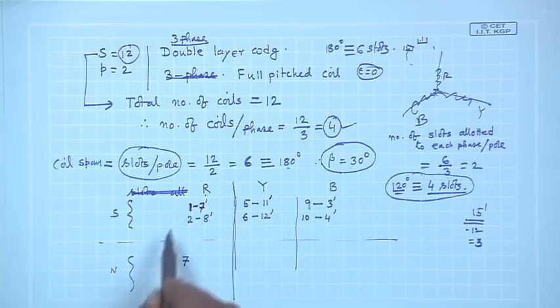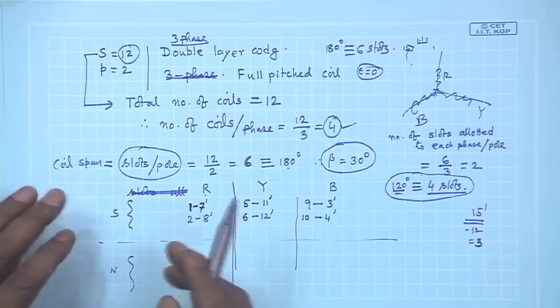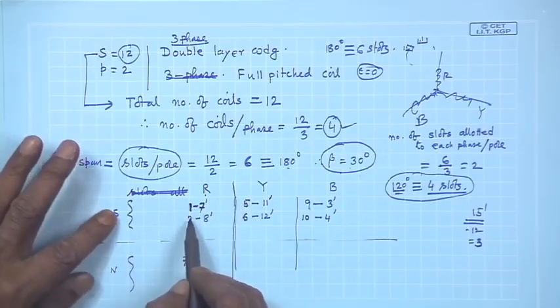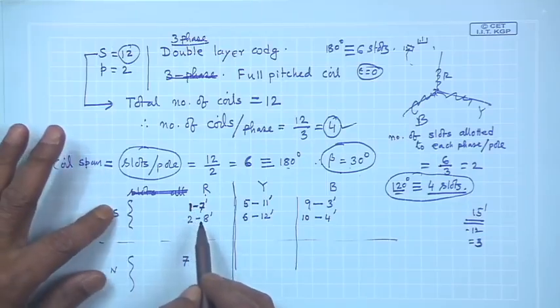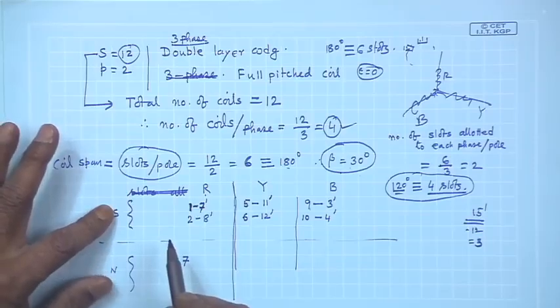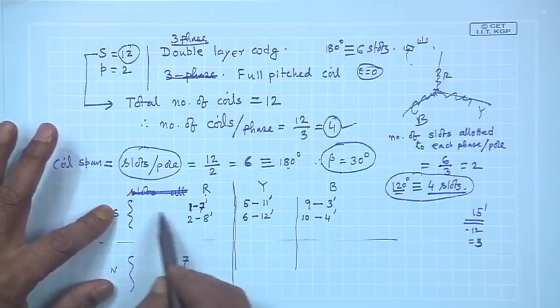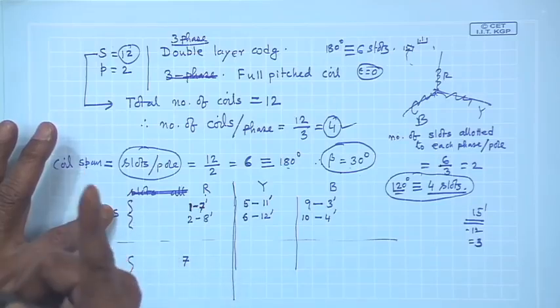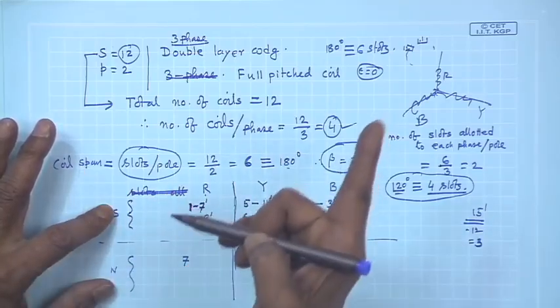How do I get this? You have started assuming, okay, it is under south pole 1, then adjacent to that 2 8 dashed, then the next pole, whatever you have, will be separated from this pole by 180 degree, which means 6 slots.